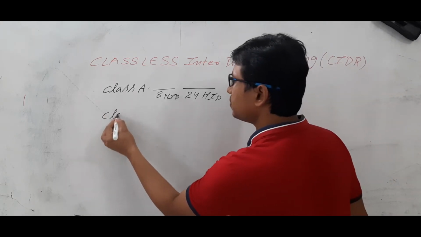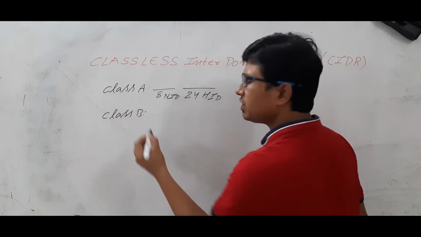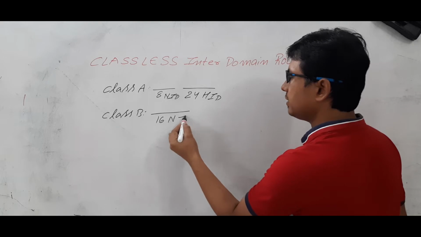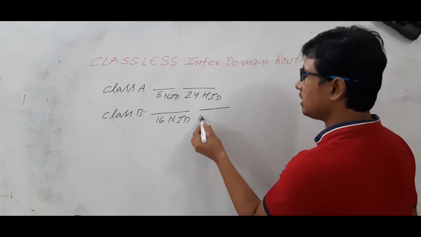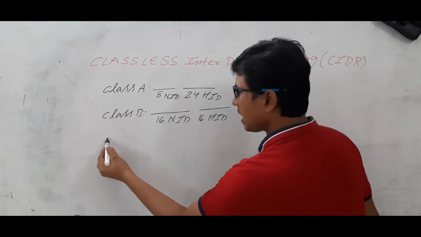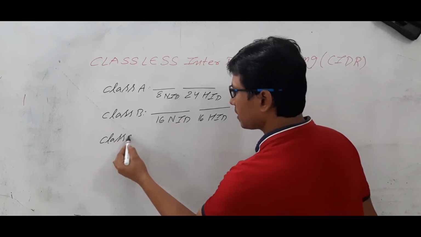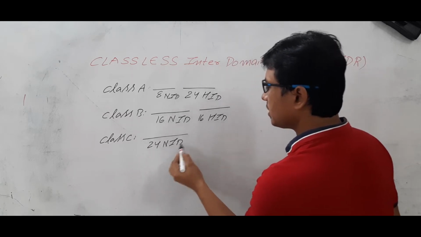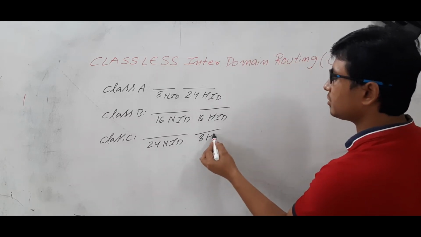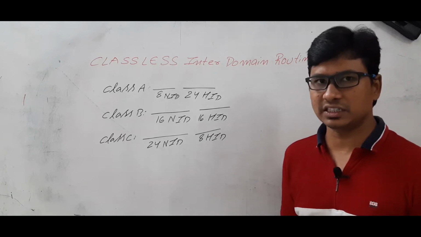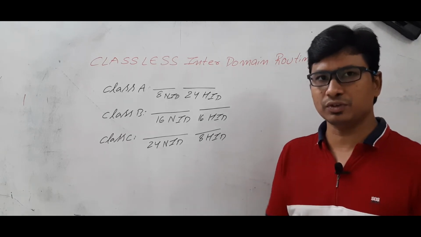Coming to class B, the first 16 bits are allocated for the network ID and the next 16 bits are allocated for the host ID. Coming to class C, 24 bits are allocated for the network ID and 8 bits are allocated for the host ID. Class D is used for multicasting and class E is reserved for future use.